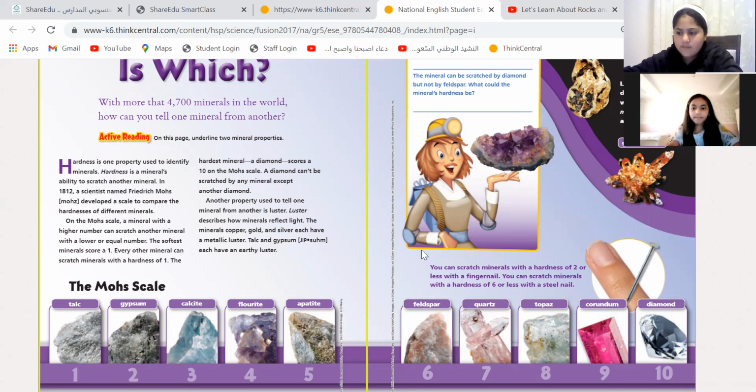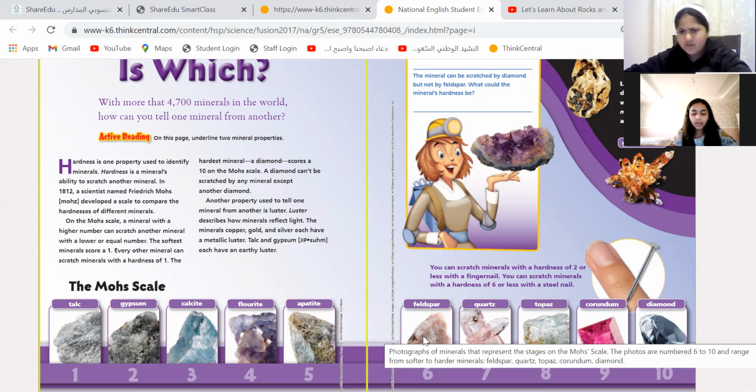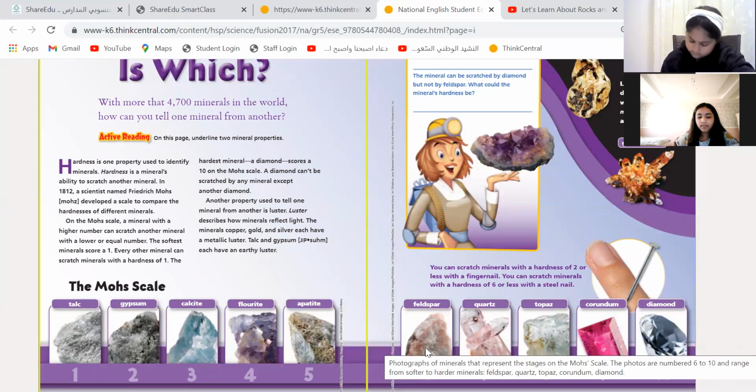Can you describe the color? How did it get its own color? Like brown? Brownish or a little bit white. Yes, white and pink. How did it get its color? From where? Rocks? Of course, it is a rock.